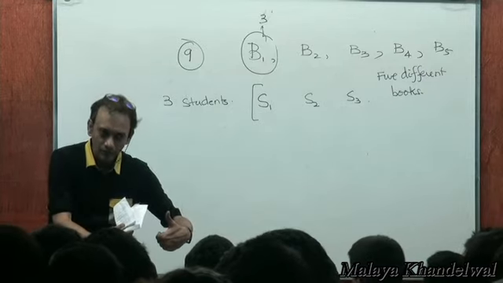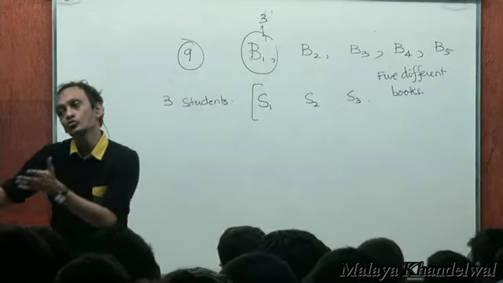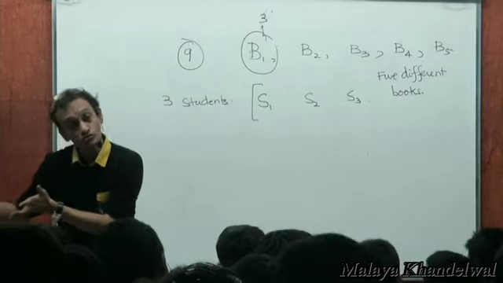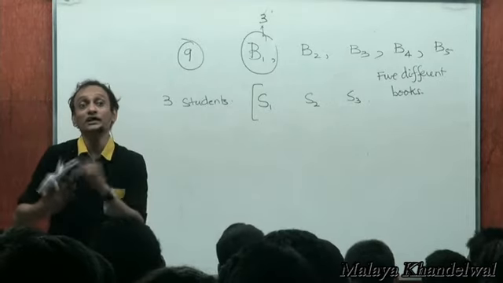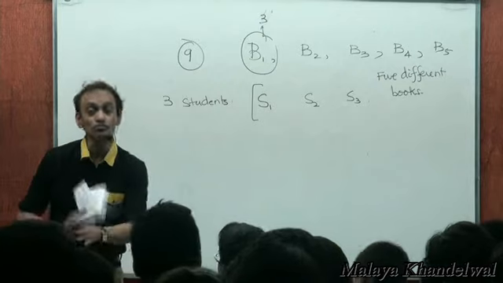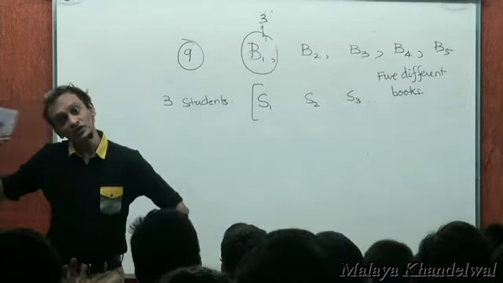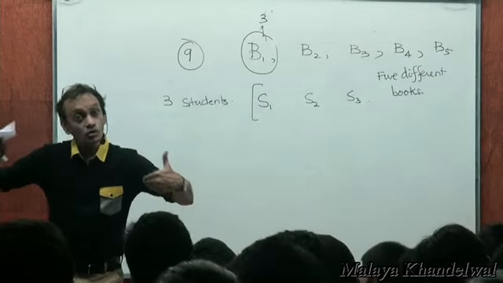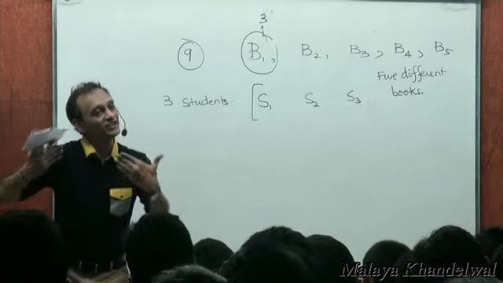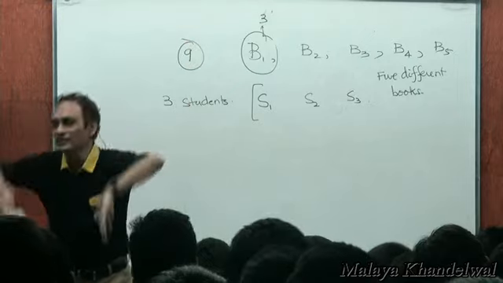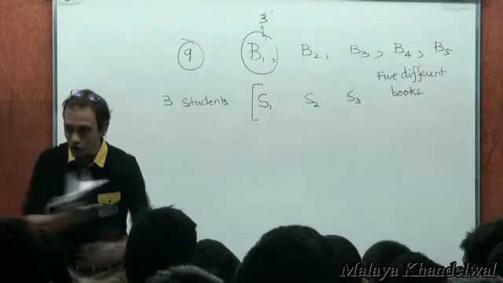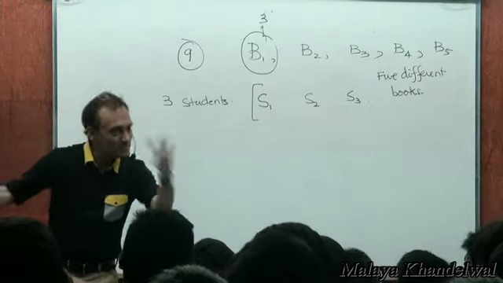Event 1, allocating B1 to any of the 3 students. Event 2, allocating book B2 to any of the 3 students. Event 3, allocating B3 to any one of the 3 students. These are the various events. So event 1 and event 2 and event 3, event 4 and event 5. So it's going to be a case of multiplication.